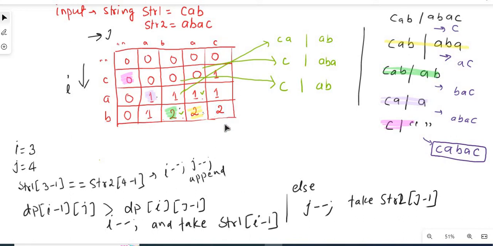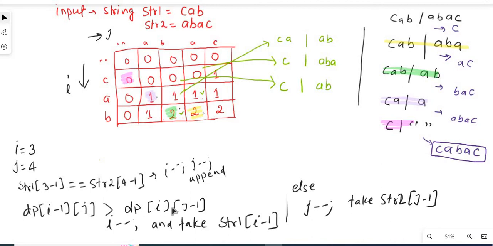In that case, what we do is check which one is bigger, 2 or 1. By this condition, we check dp of i minus 1 comma j, and i comma j minus 1. So i minus 1 is basically this one, and j minus 1 is basically this one.